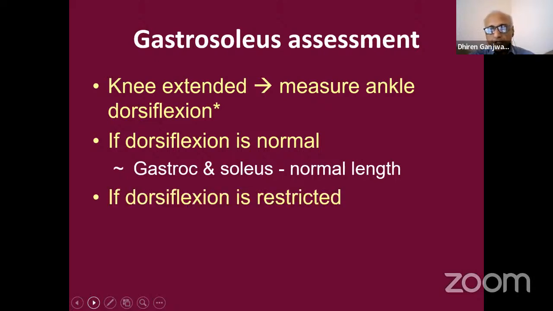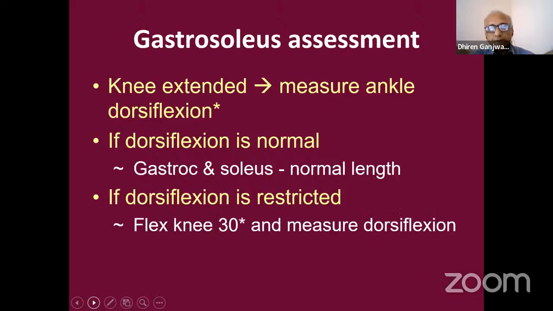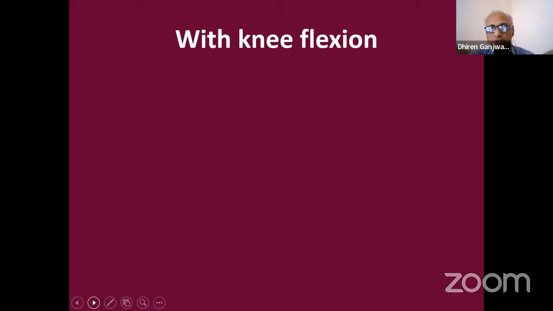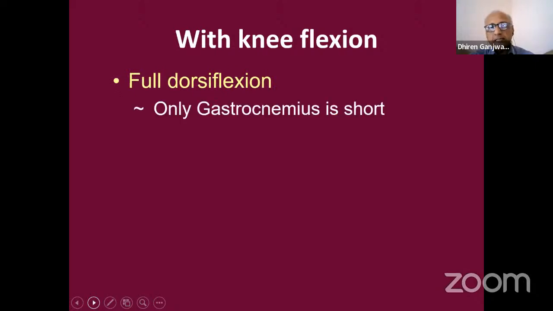But if dorsiflexion is restricted, then we flex the knee to 30 degrees, 45 degrees or 60 degrees, and then we look at the dorsiflexion. Now there are three possibilities with knee flexion. If there is a full dorsiflexion, then it suggests that only the gastrocnemius is short.